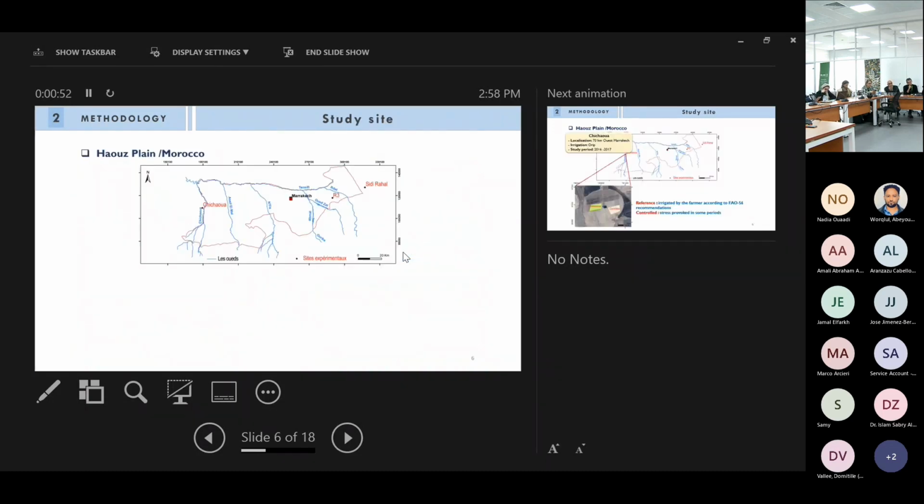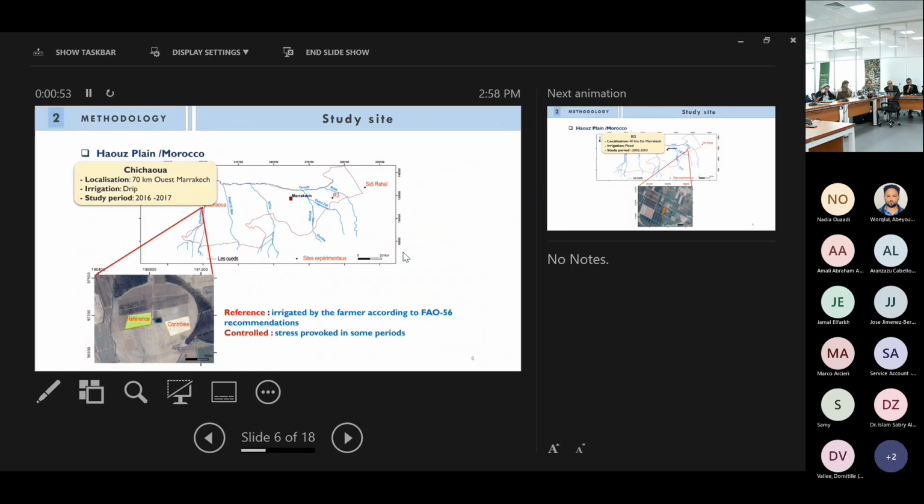Our approach has been applied over several fields in an intensive basin. I will just present some of the results that we got over Chichaoua, which is an area irrigated by drip. Here we have two parcels: one irrigated by the farmer according to the FAO recommendations, and the second in which stress was provoked during the growing season.